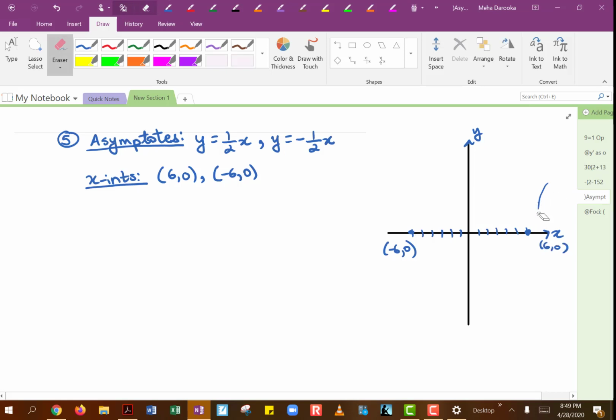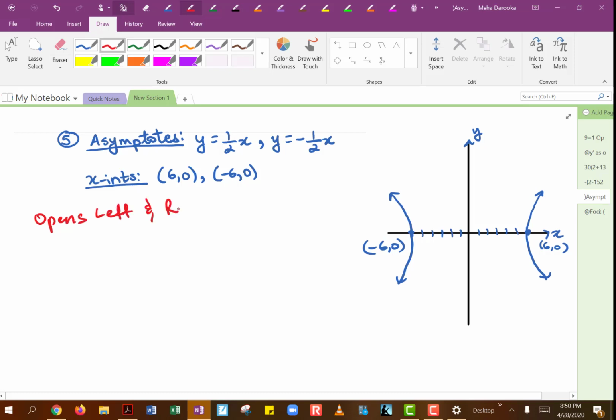Okay, just the branches of our hyperbola are going to be crossing the x-axis, right? So this actually tells us this is a hyperbola that opens left and right, and that's why we know, because we have the x-intercepts, right?